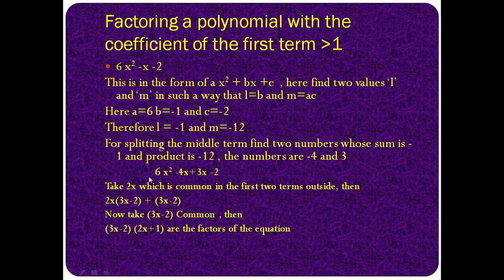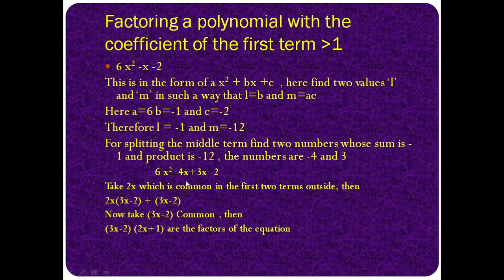So we can write it as 6x square, splitting the middle term, this minus x is written as minus 4x plus 3x, minus 2. So we split the middle term as minus 4x plus 3x.